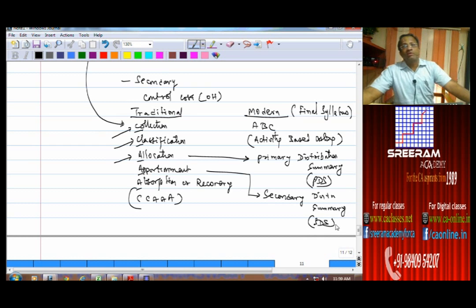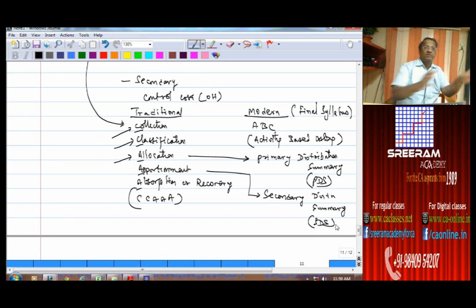One is the direct distribution method. The other is the non-reciprocal method. Thirdly we have the reciprocal method. We have different methods of doing this exercise, but it will be taken up as secondary distribution. What is our objective in doing secondary distribution? Service departments are not producing any goods, so there is no meaning in retaining any of the overheads in the service departments.